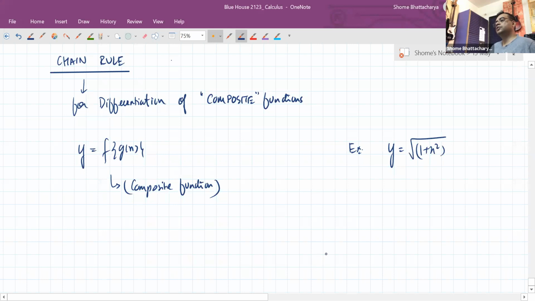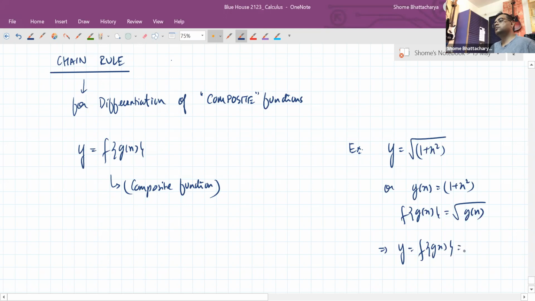This is a function of a function, okay? Because I can say that g of x is equal to 1 plus x square and f of g of x is equal to square root of g of x. So this is an example of a composite function.